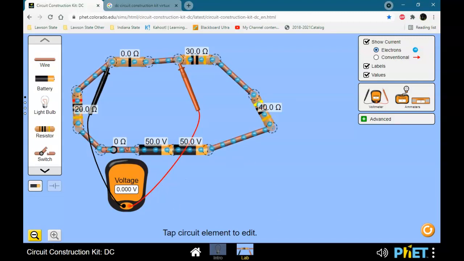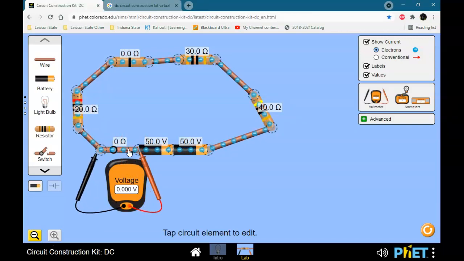If I read across, let's say, my switch, if I read across an open switch, I find all my voltage there. Why? Because they're waiting for that bridge to close and then it gets to go across, right?